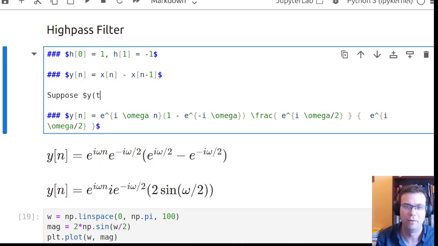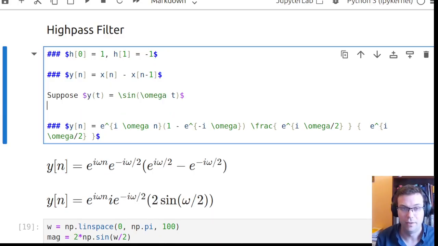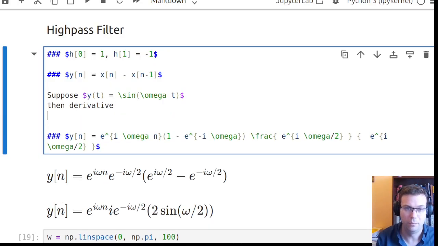Suppose y of t is equal to sine of 2 pi f t, or maybe I'll just say omega t, I'll keep it as omega. Then the derivative of this is going to be omega cosine omega t.